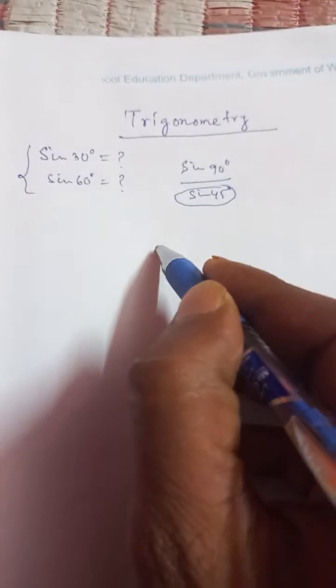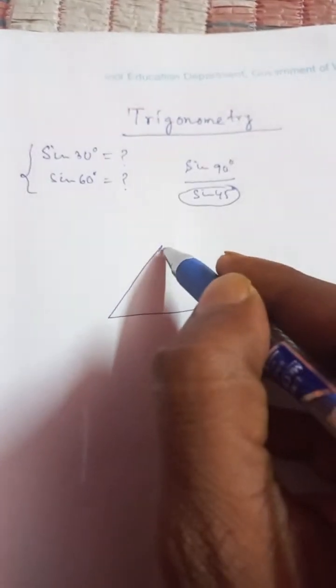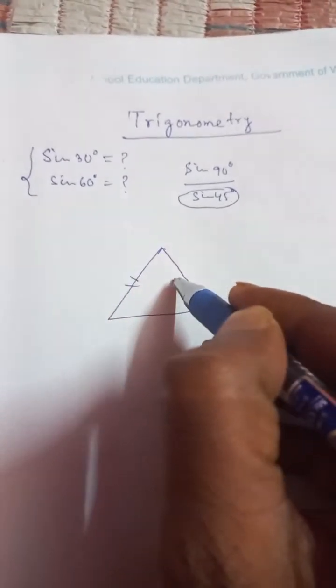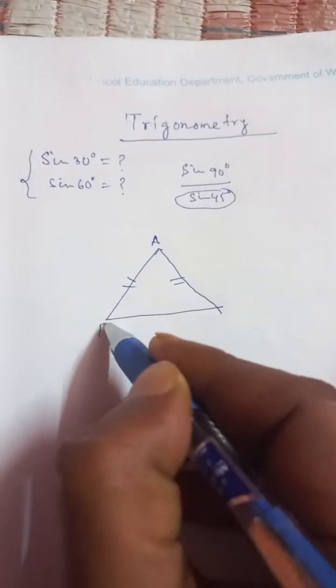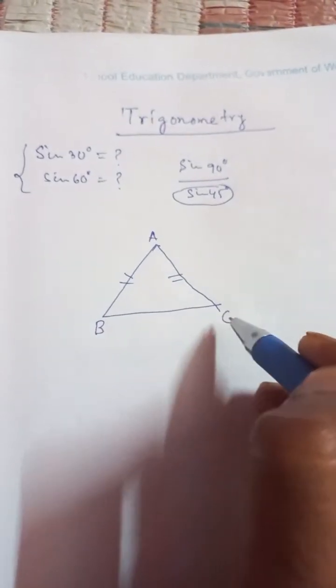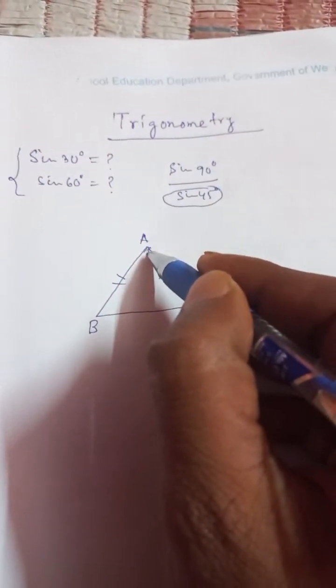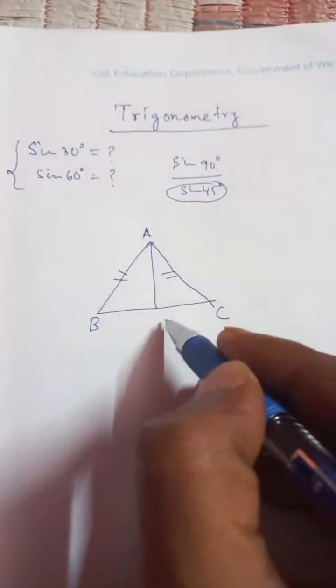First I take an isosceles triangle. Two sides are equal. These are AB and AC, and then I take a perpendicular AD on the base side BC.